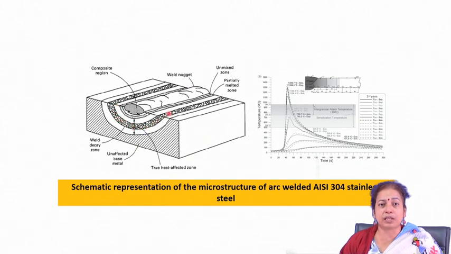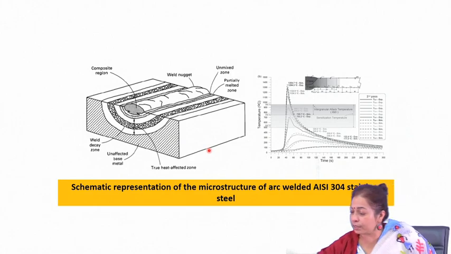So, if you see the grain boundary microstructure of AISI 304 stainless steel which has been subjected to arc welding, the heat affected zone consists of a lot of chromium carbide precipitates along the grain boundary areas.